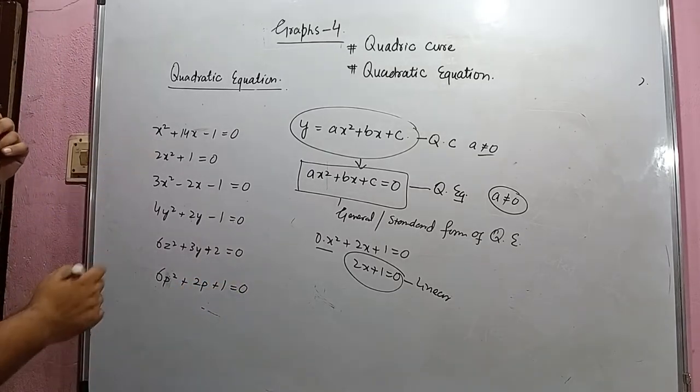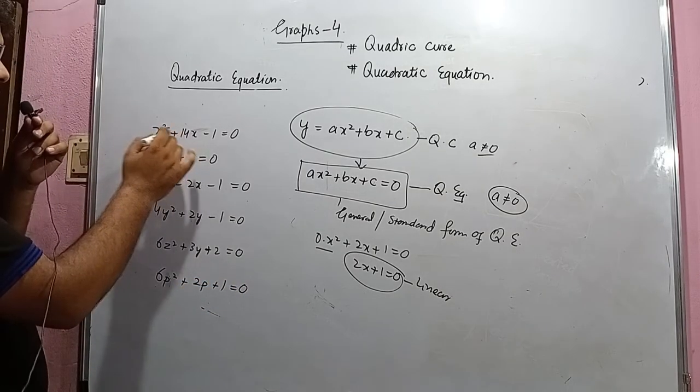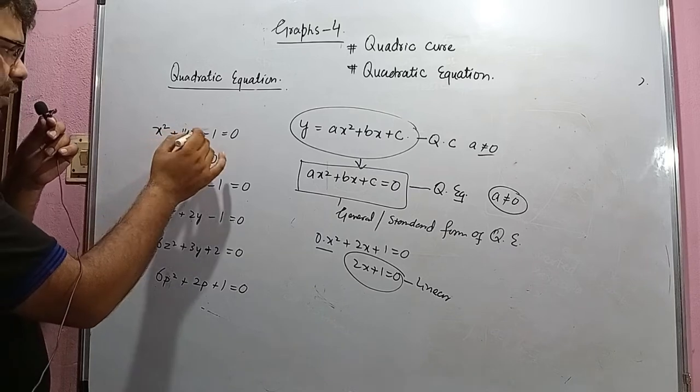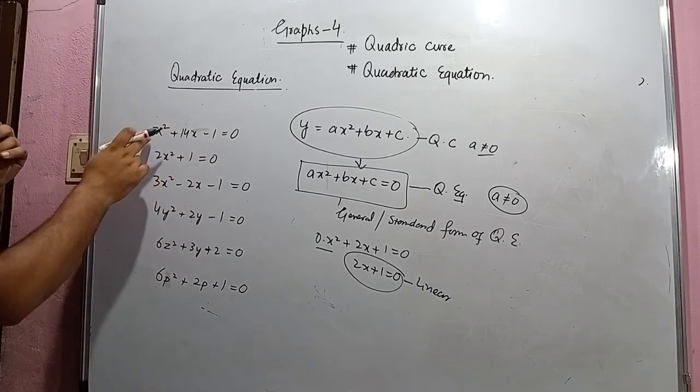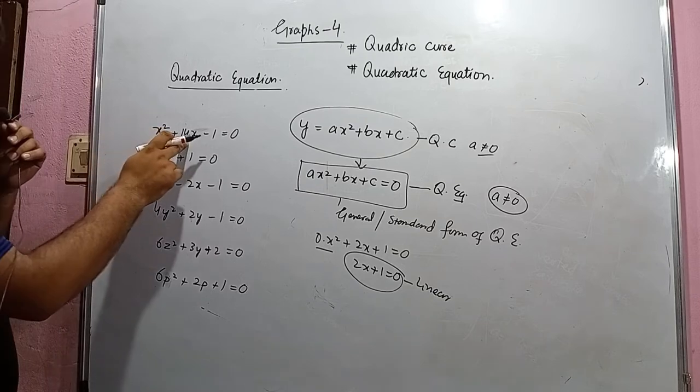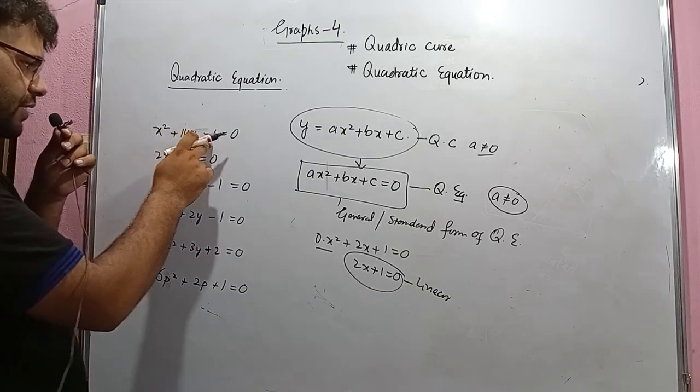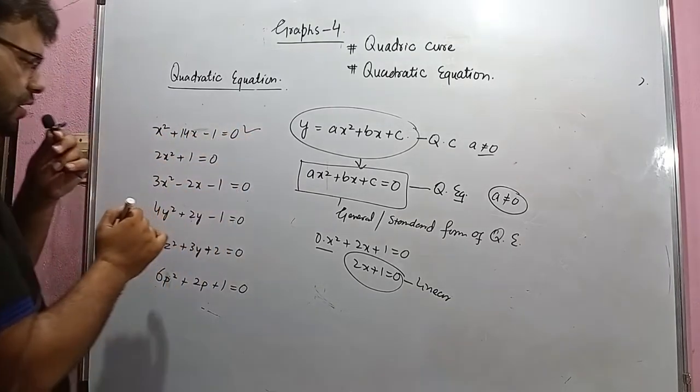Now check this. You can see this is x square plus 14x minus 1. A is the coefficient of x square, that is 1, and 14 is the coefficient of x, and c is here minus 1. Yes, this is the quadratic equation.